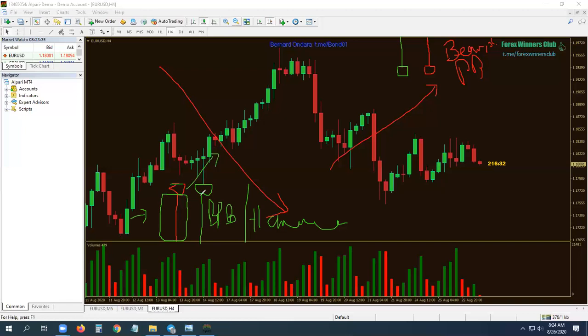Same thing here. The market opened here, tried to go down that distance, but was not able to. It ended up closing up. The sellers tried to go all that distance, but the buyers pushed the market up and even were able to close above.